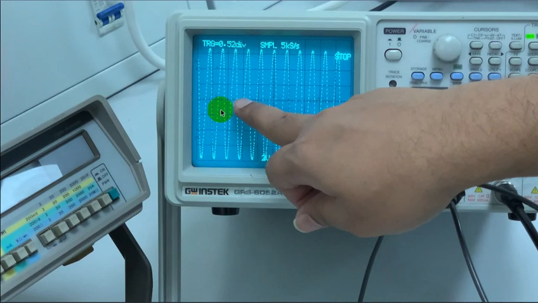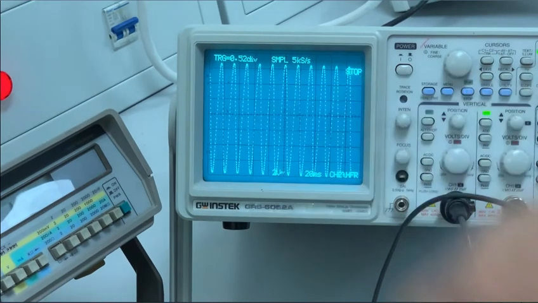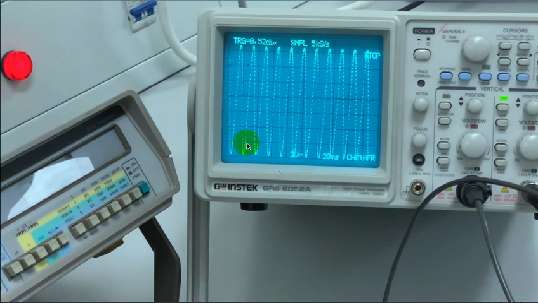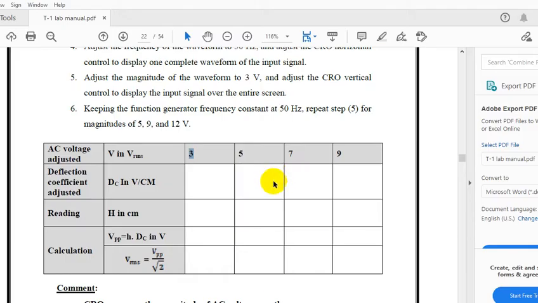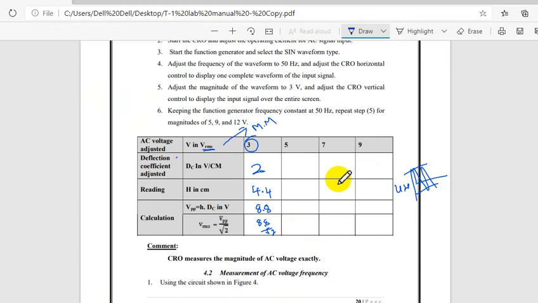It will be 1 2 3 4 5 6 7, 7.2. So we'll write here the deflection coefficient is again 2 and 7.2.